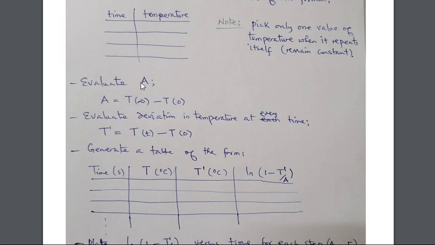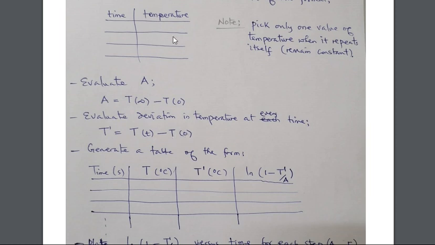And then the next thing you do is, if you consider the first change, which is A, or the second change, which is B, or this third one, which is C, and so on, you have to evaluate the temperature deviation, which is just the temperature at any time minus the temperature at 0.